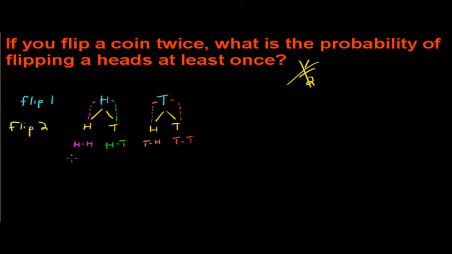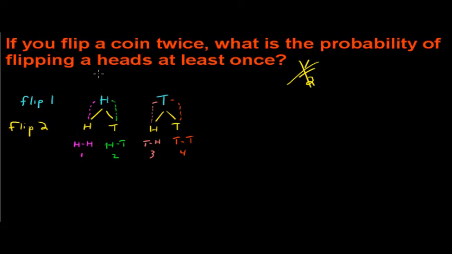Okay, so there are 4 possible outcomes. This is the first one, second one, third possible outcome, and the 4th possible outcome. Okay, so this is our sample space. This is how we construct a sample space. We have all possible outcomes. There are 4 here. Now let's talk about probability.